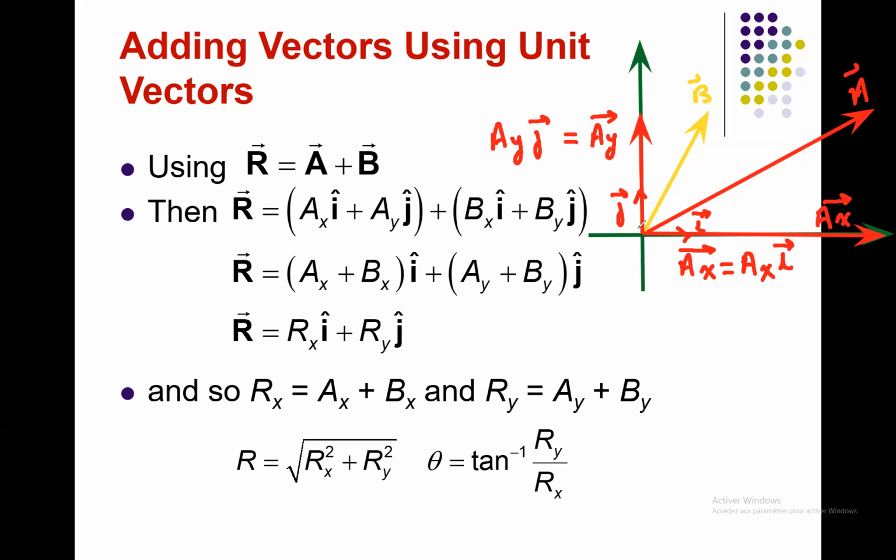How can we add A and B? Geometrically, by the diagonal. We talked about this before. We can complete this form like this.